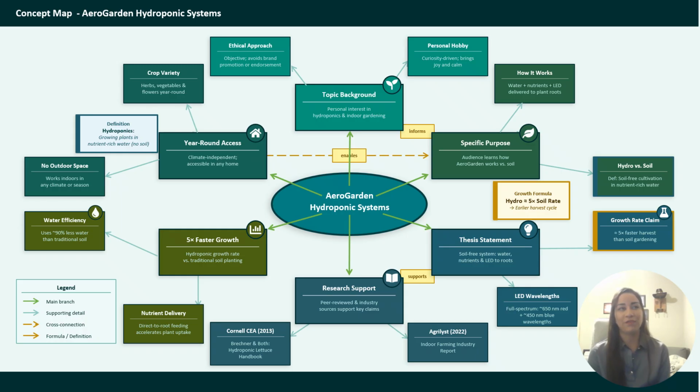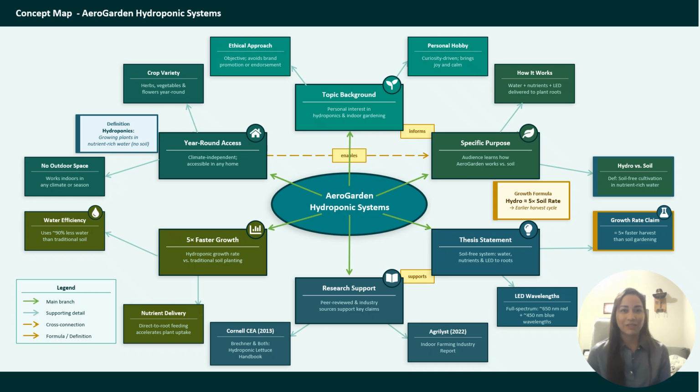Then I reminded myself the whole point of a concept map is to get ideas out of your head and onto the page without worrying about whether they're perfectly structured yet. So I started in the center with my topic and let everything branch out from there.